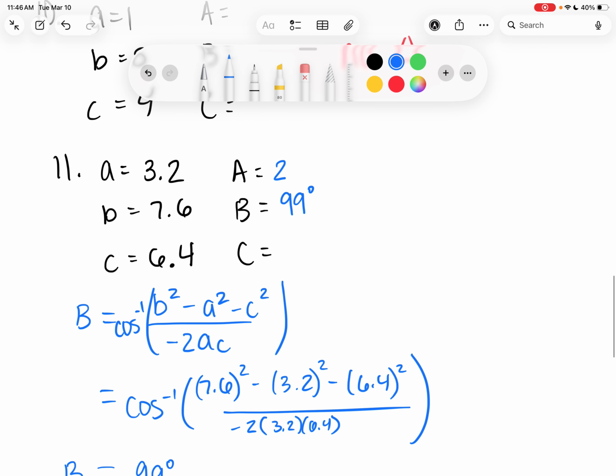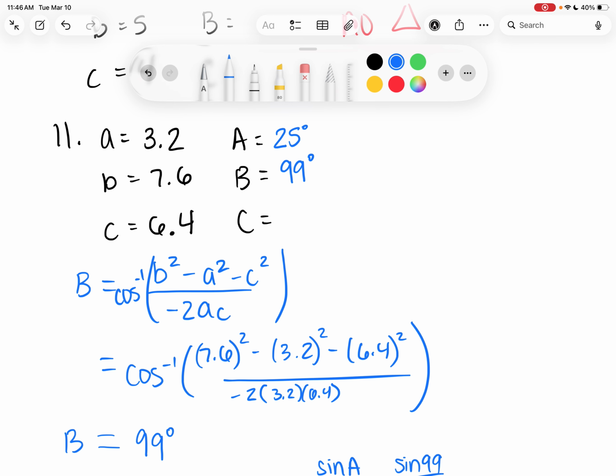That gives 25. So then 180 minus 25 minus 99 is 56 degrees, and then I'm done.